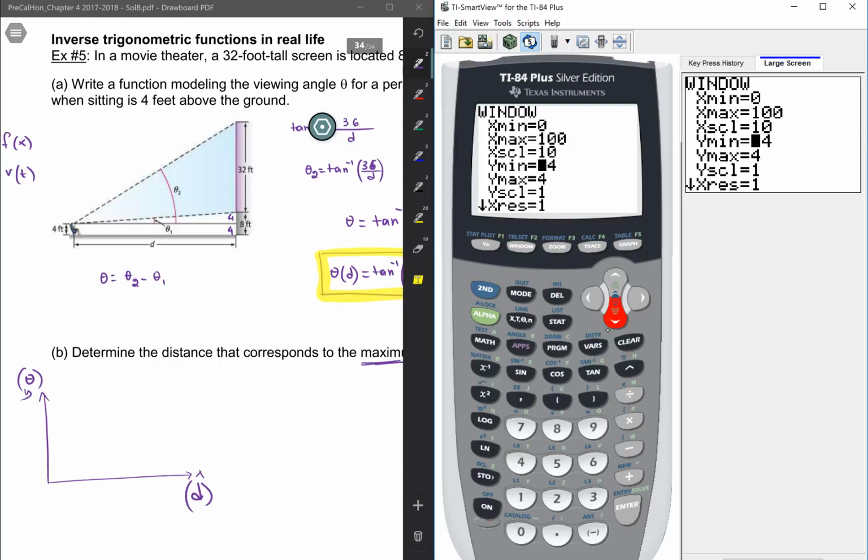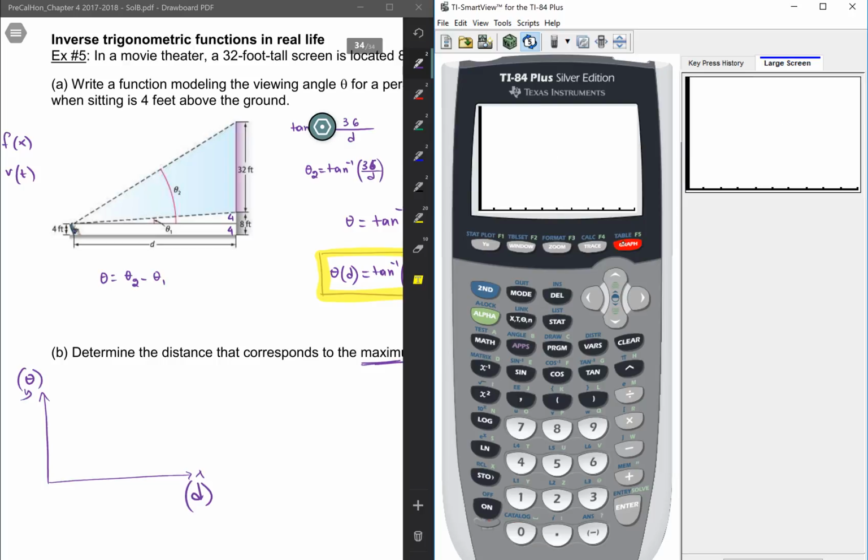We know it's not going to hit 90, but we have to put a number there. If you want to put 85, put 85. But I'm just going to go to 90 here. So let's just graph this.